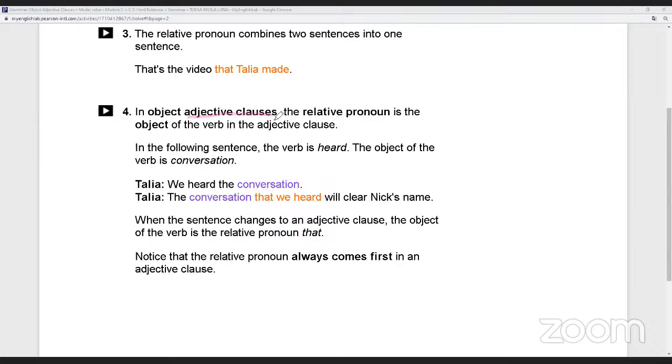When you're going to form an adjective clause, you're going to follow this structure. You always place the relative pronoun at the beginning, and then you choose your subject, your verb, and then the information that you're going to use. And of course, it depends on each case. So that would be everything about point number 4. Is there any question maybe?